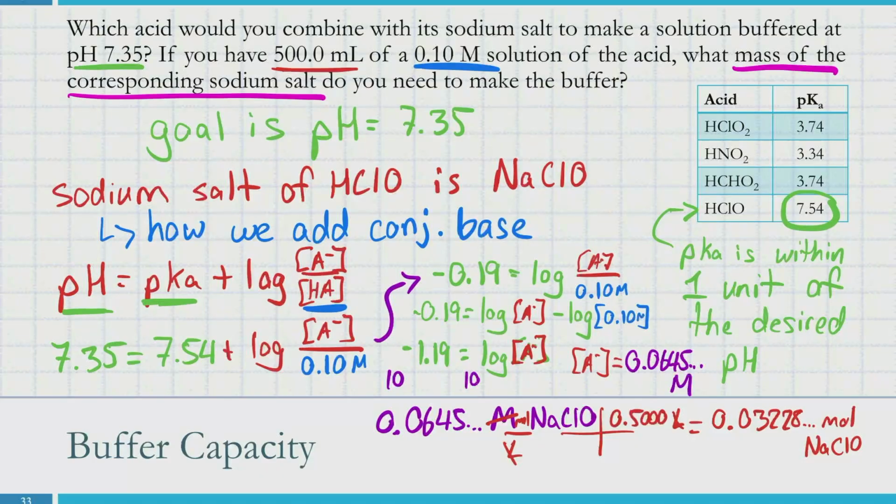And then we can multiply that number by our molar mass. So 35.45 plus 22.99 plus 15.999.